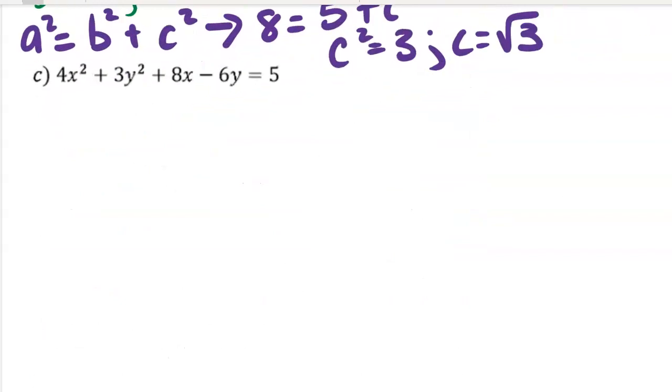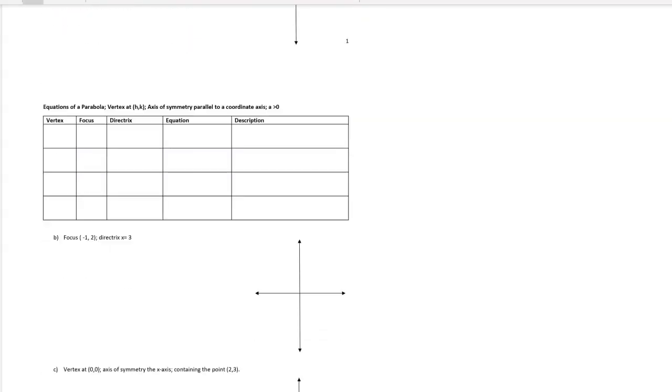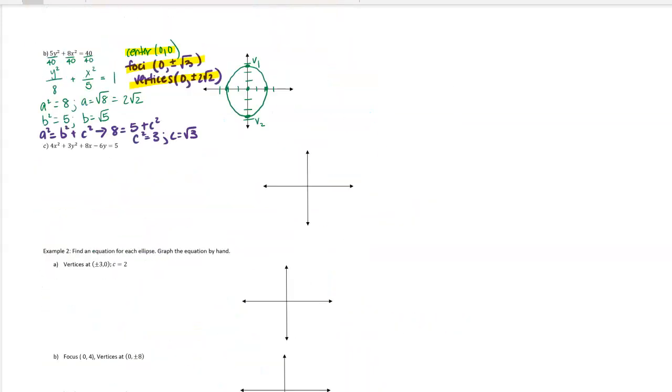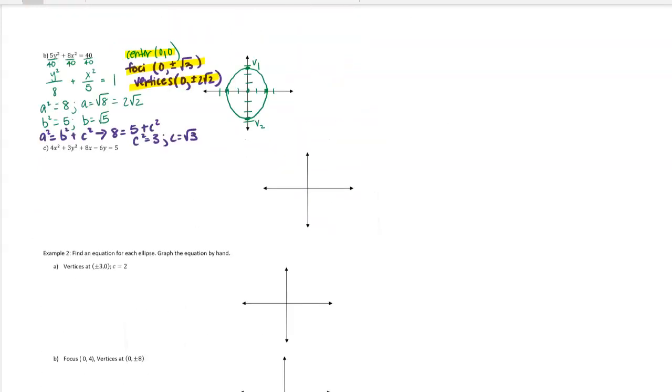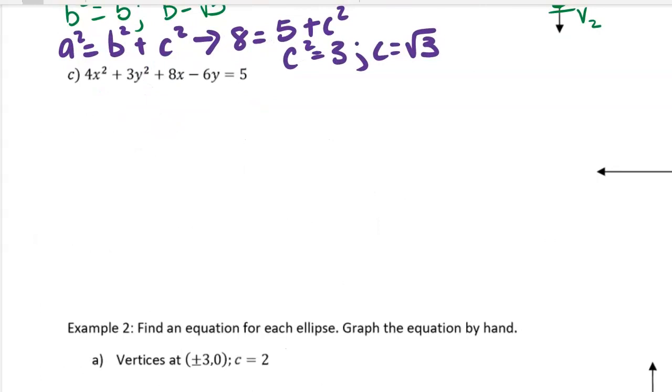Okay, so to complete the square, students, we are going to move all the x's together and then the y's together. So 4x squared plus 8x plus a blank space plus 3y squared minus 6y plus a blank space equals 5.